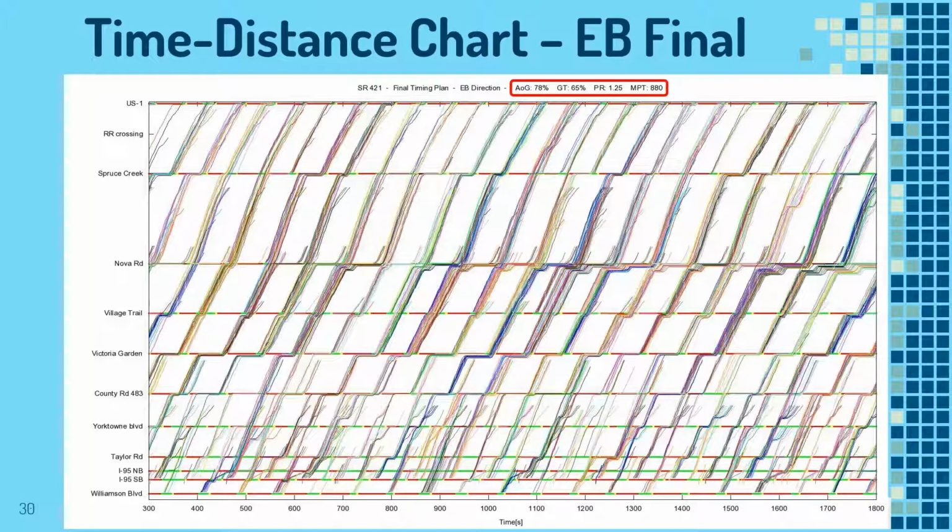Once you finish the optimization process, you can select any solution, which is a group of signal timing plans, and you can develop the time distance charts and show how good your progression is, using some very realistic trajectories, if you will let me notice, because here you can see that a number of trajectories disappear in the middle.